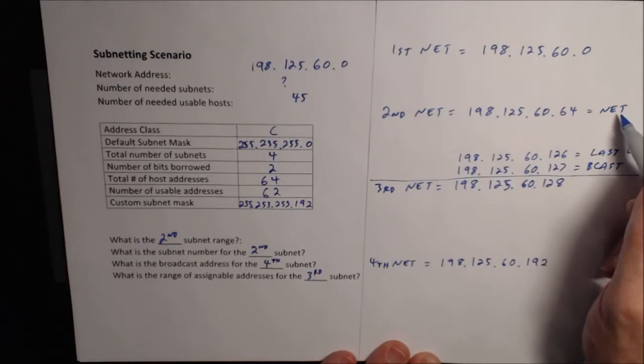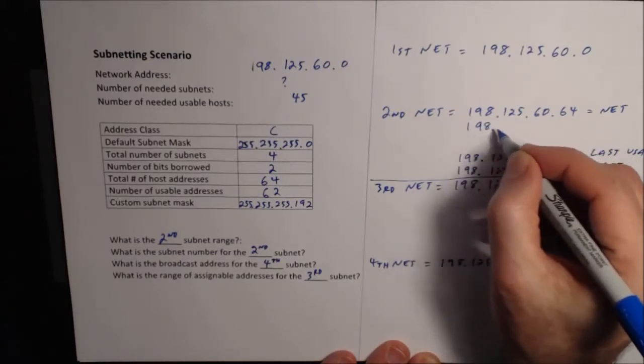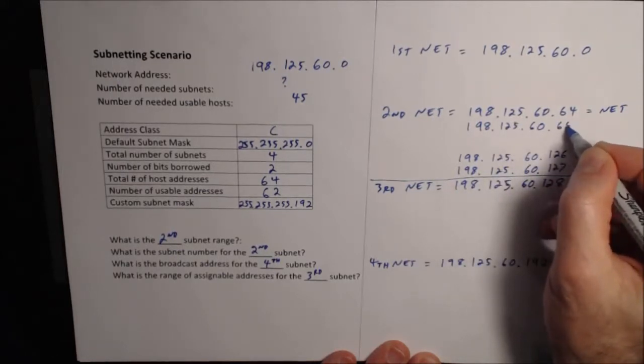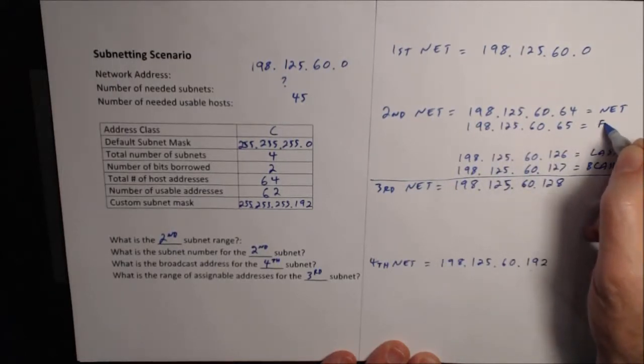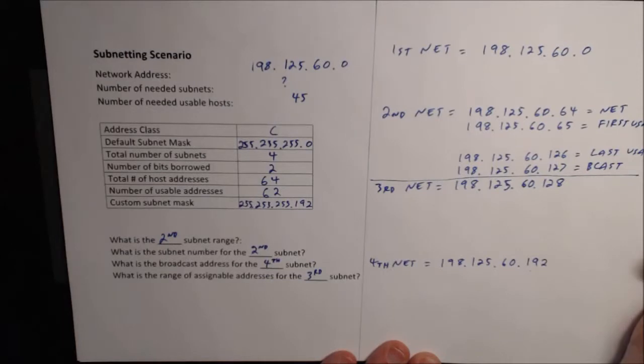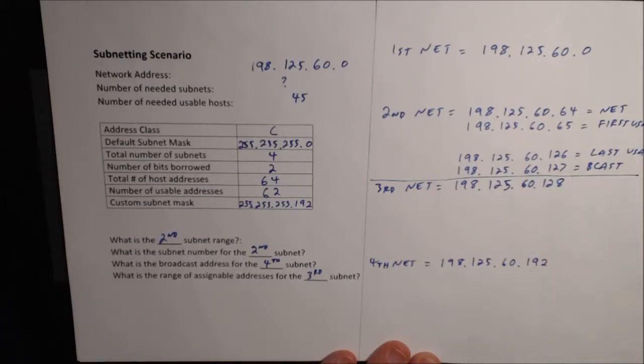We can't use the network number for devices, but if we add 1, 198.125.60.65, that is our first usable address. So the total range for the second subnet goes from the network number .64 through the broadcast, which is .127.